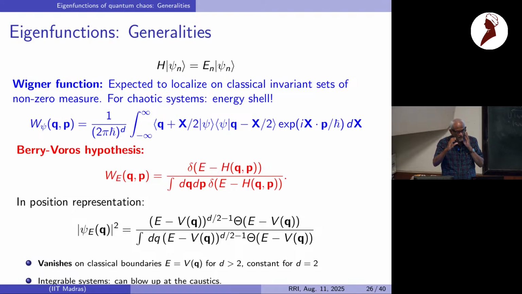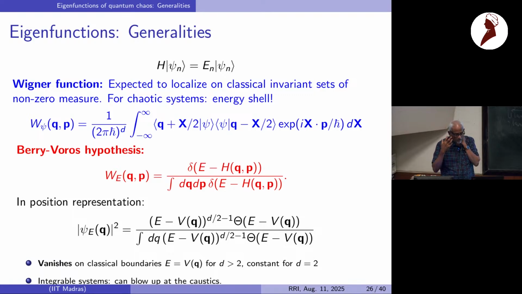Measure, remember, is volume, and there is now a measure h, which is setting the lower bound on the scale because of quantum mechanics. And therefore, the feeling was that classically invariant sets which are smaller than h cannot influence the eigenfunctions. Again, loosely, these are kinds of expectations.